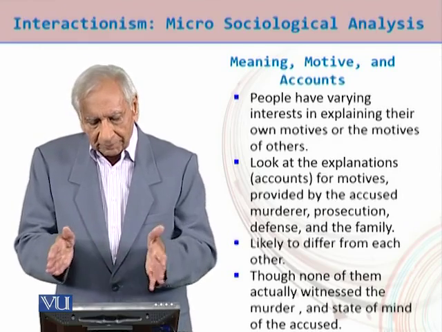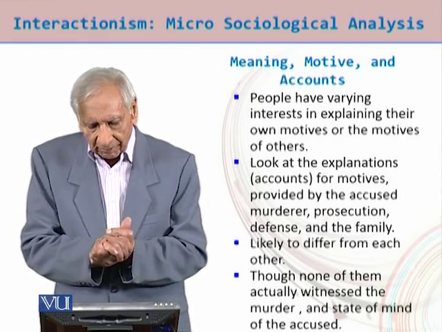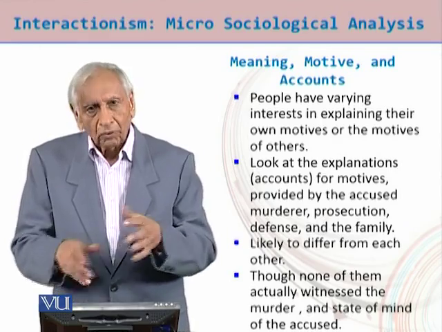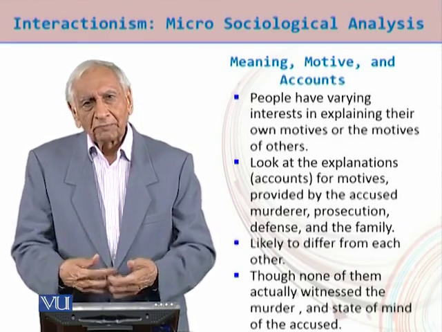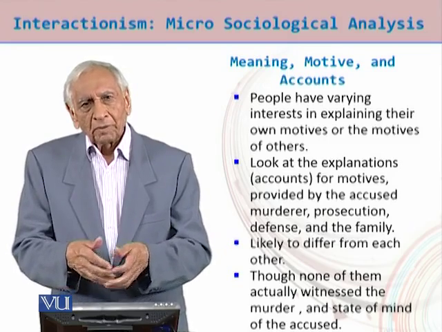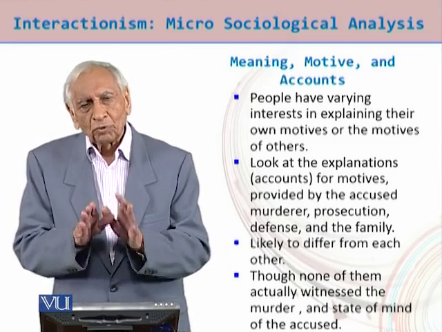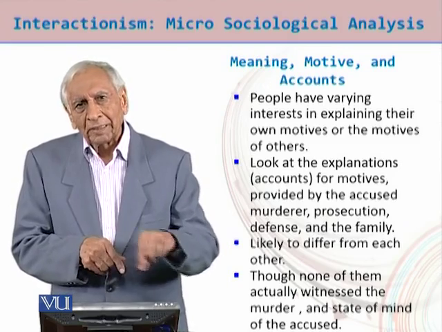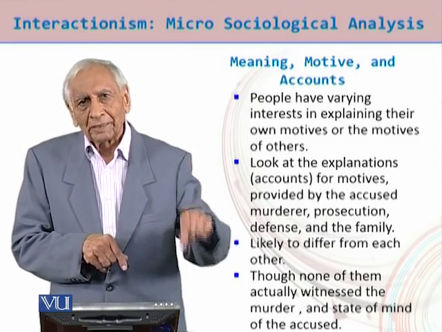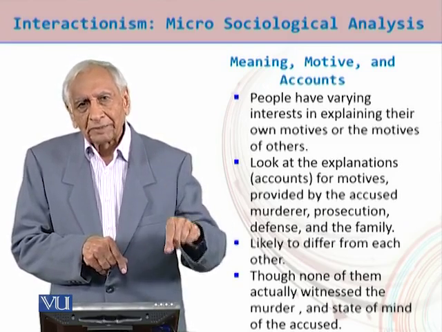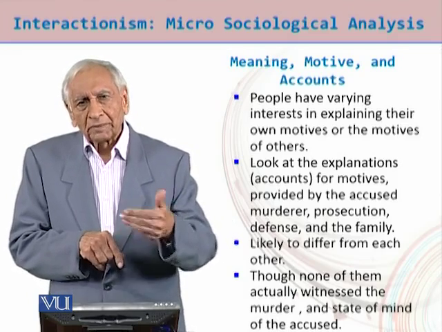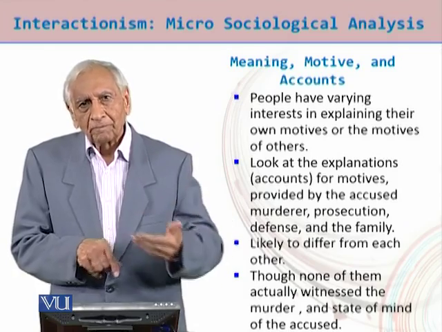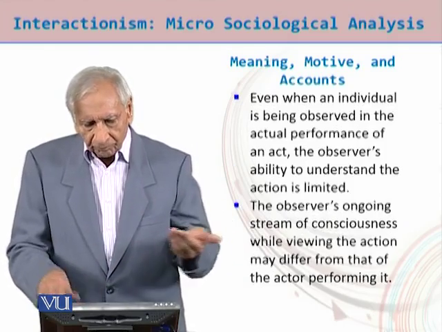So these explanations can be different, although they are being given of the same action. Explanations are given by those people who may not have witnessed the actual action taking place, about something which is being attributed to the defendant.